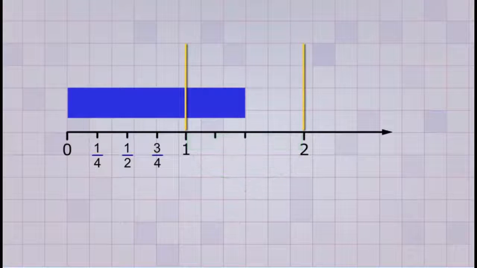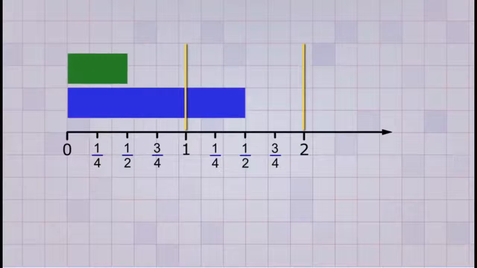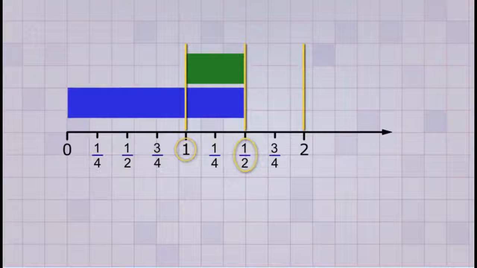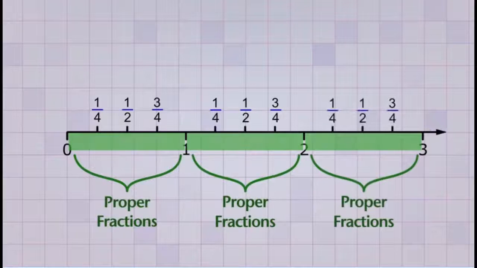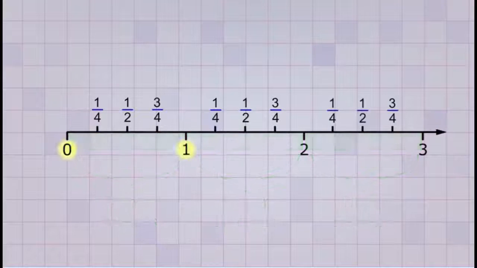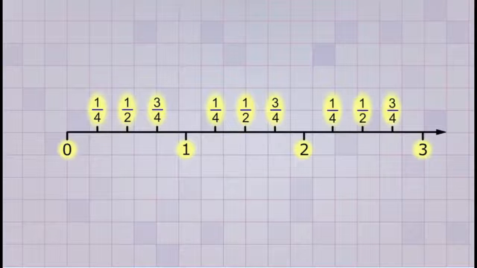That means if we divide the space between 1 and 2 into fractions, they'll be the same as the fractions between 0 and 1, the proper fractions. So this rectangle is 1/2 long, and this rectangle is 1½ long. It's like the proper fraction region is repeated between any two whole numbers. So while our number line counts whole numbers, in between each whole number, it also counts proper fractions.